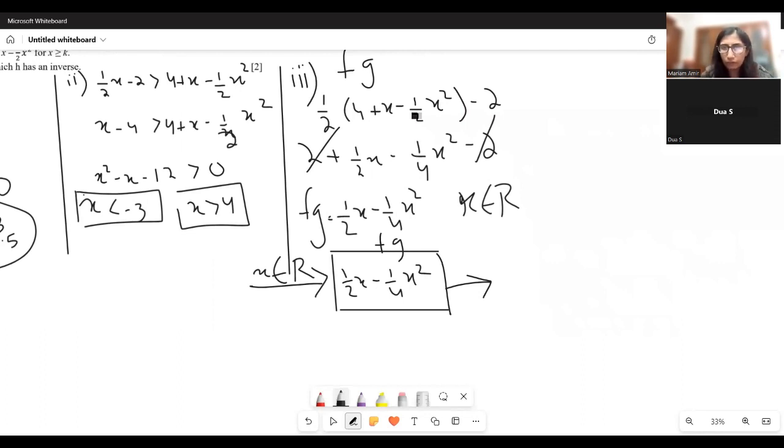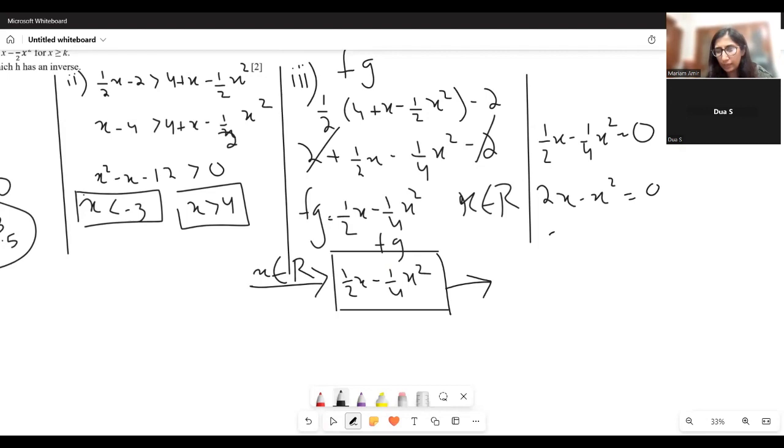Okay, so it's half x minus 1 by 4 x square equals 0. Multiply both sides with 4, 2x minus x square equals 0. x common, 2 minus x equals 0. x equals 0 and x equals 2.